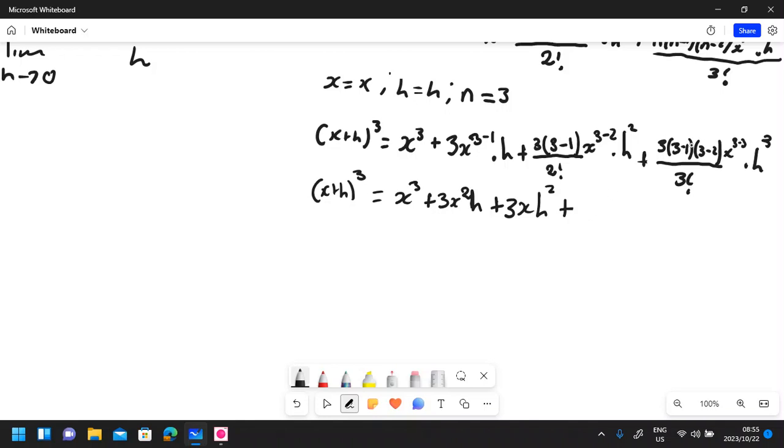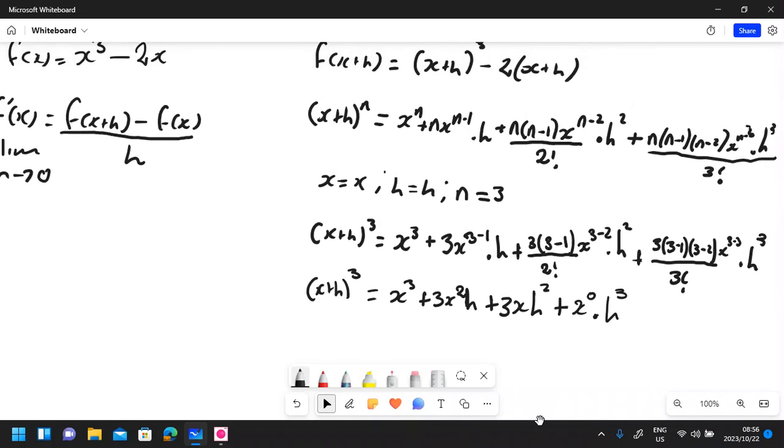The answer is going to be 1 multiplied by x to the power of 3 minus 3, which is going to give you x to the power of 0, multiplied by h to the power of 3. So this is your x plus h to the power of 3 when we expand it.